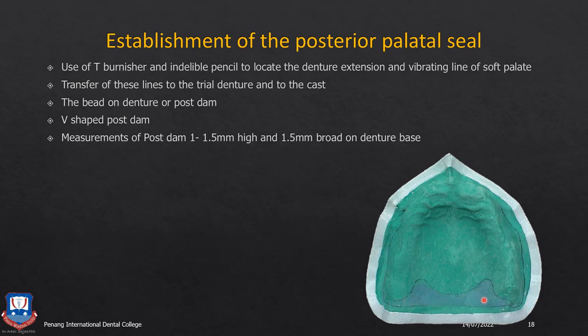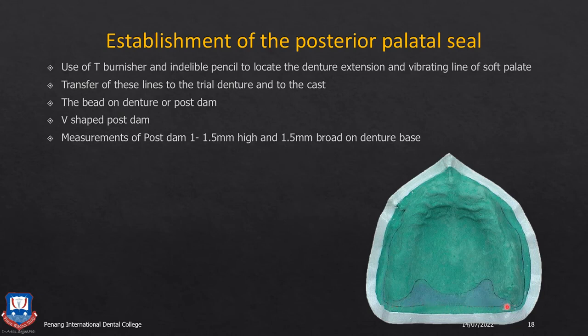They are marked on the impression, and this is transferred to the final master cast. And what many do is we can scrape this area to a depth of about 0.5 to 1 mm, that is from the pterygomandibular notch on one side to the other side.